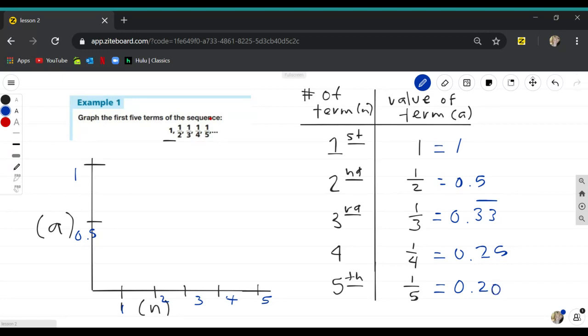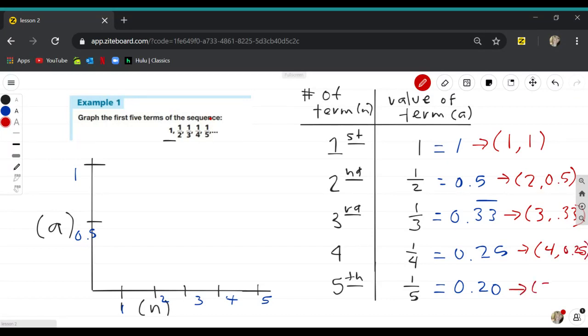So I can put what I'm graphing here: this would be 1, 1. This would be 2, 0.5. This would be 3, 0.33. This would be 4, 0.25. This would be 5, 0.20. Okay, so these are what we're graphing.